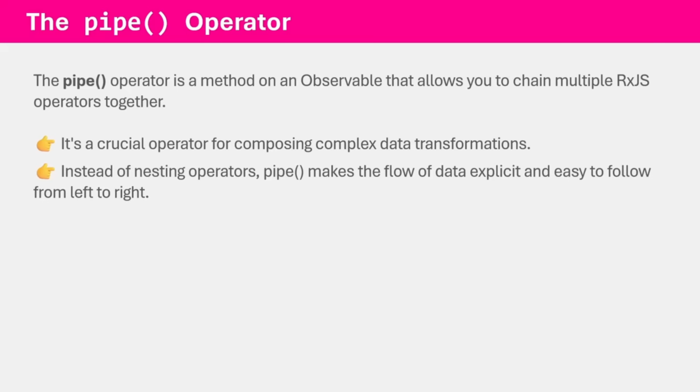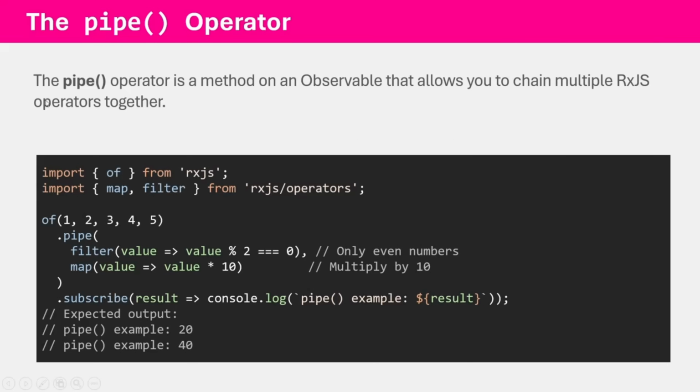Let's understand it with an example. So let's say here we have an observable which is going to emit these values 1, 2, 3, 4, 5. On that, I want to perform two operations. First, I want to filter those emitted values which are divisible by 2, and then from the filtered data, I want to transform it by multiplying it by 10.